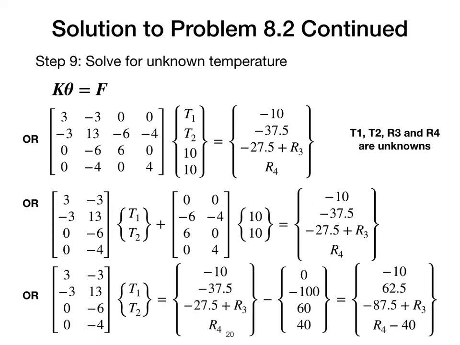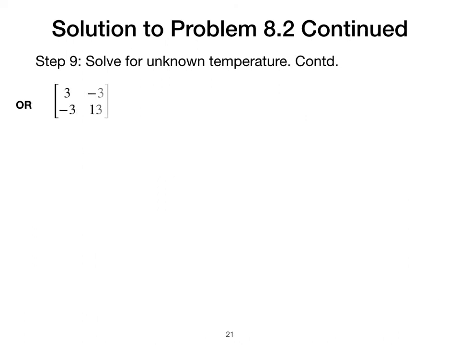We can rearrange the above equation and finally write the first equations as this: a matrix containing 3, minus 3, minus 3, 13 as members multiplied by a vector containing T1 and T2 equal to a vector containing minus 10 and 62.5 as members.